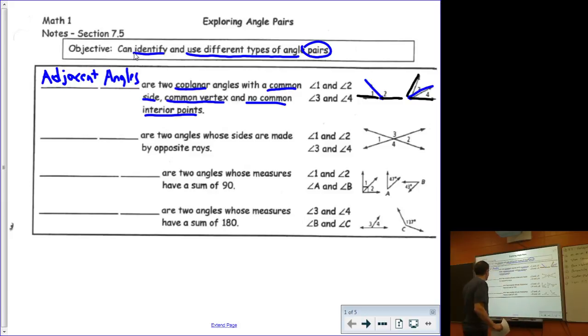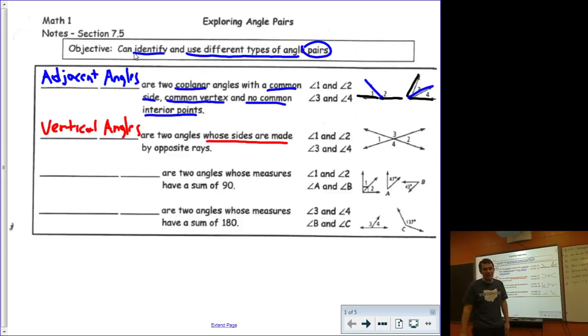Next up, we have vertical angles. Vertical angles are 2 angles whose sides are made by opposite rays. To be honest with you, I don't like this definition. I think it's a little bit confusing.